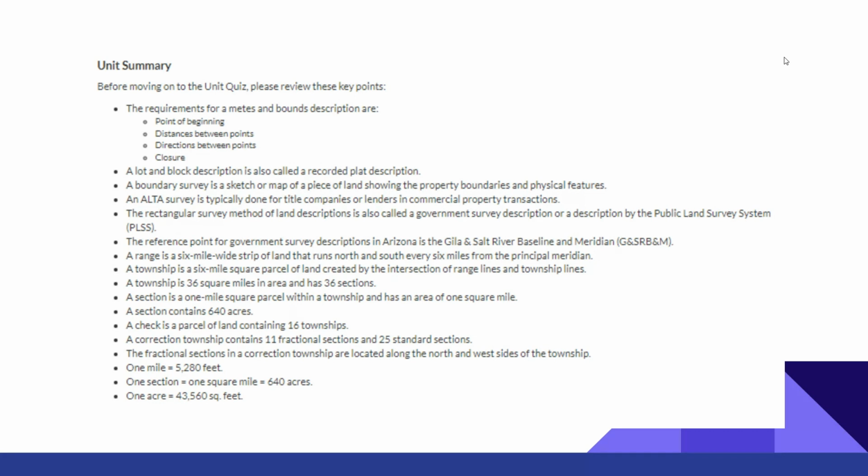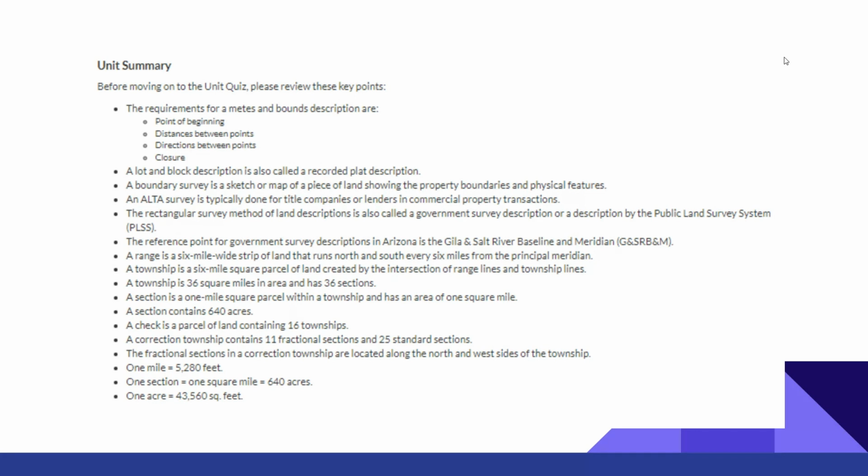A township is a 6-mile square parcel of land created by the intersection of range lines and township lines. A township is 36 square miles in area and has 36 sections. A section is a 1-mile square parcel within a township and has an area of 1 square mile. A section contains 640 acres.